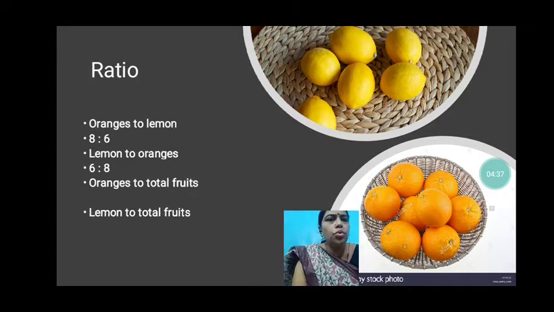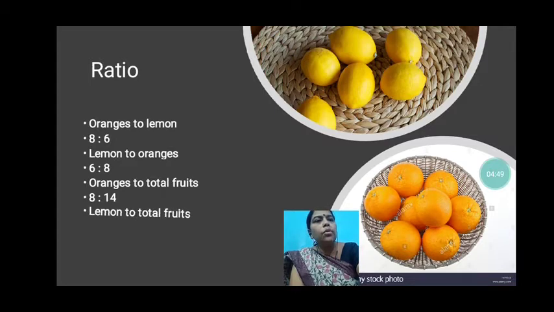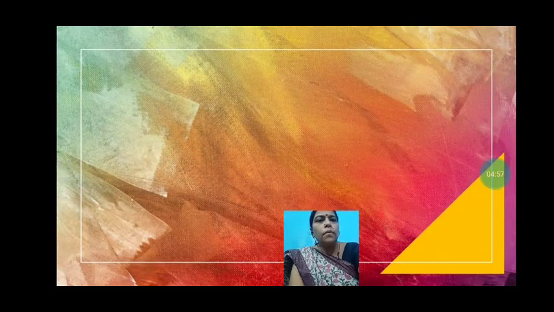Then oranges to total fruits, see 8 oranges, and total fruits, when we add 8 plus 6, how much do we get? 8:14. Now lemons to total fruits, you see 6 lemons, and total fruits how much? Total fruits 14. So 6:14.